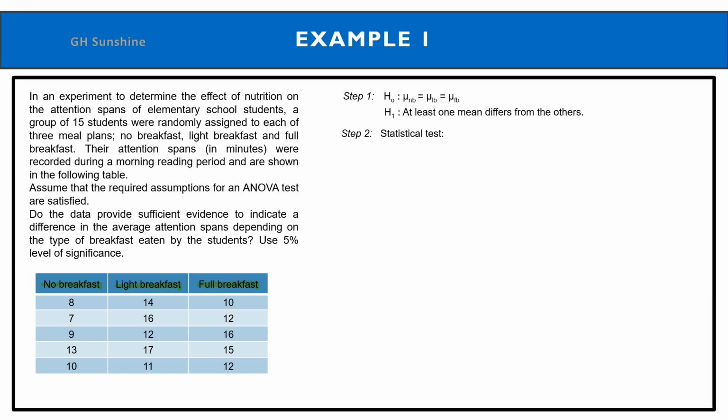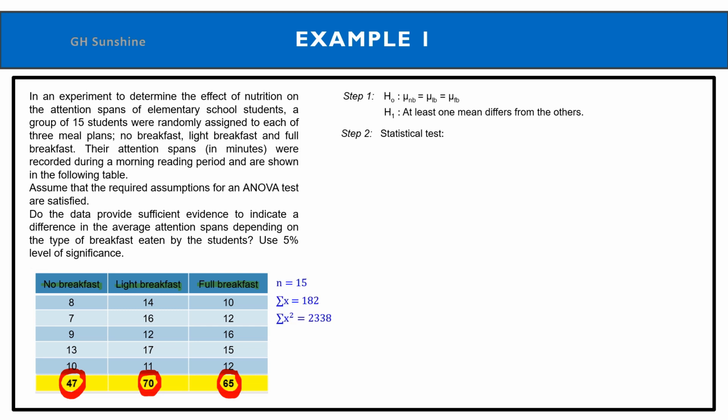Second step, calculate the F calculation or F statistic. To calculate it, we need to construct the ANOVA table. First step, calculate the total of each treatment or each factor level. No breakfast 47, light breakfast 70, full breakfast 65.